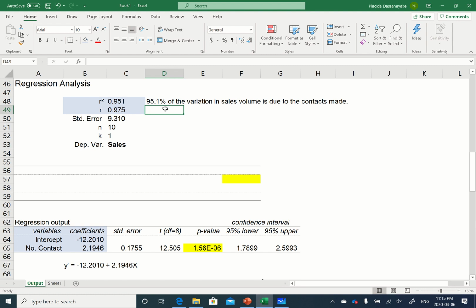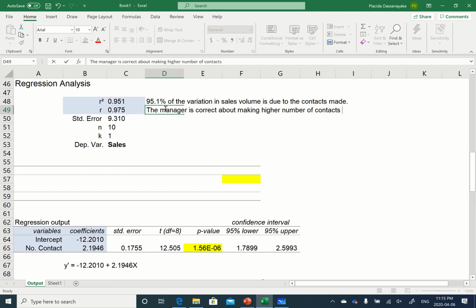That is the key factor. So the manager may be correct about making a higher number of contacts so they can reach maximum sales volume.